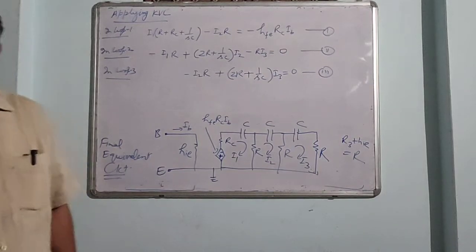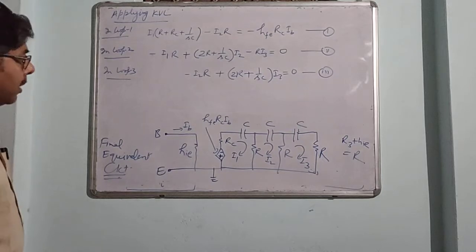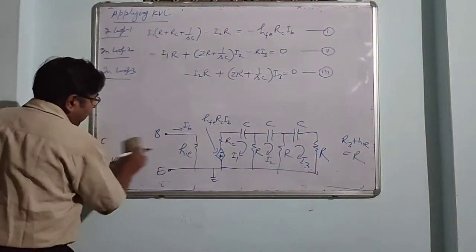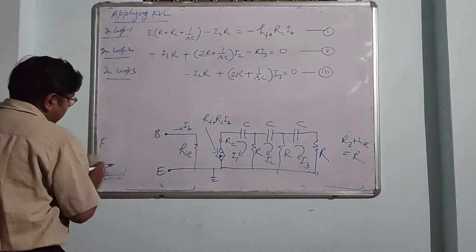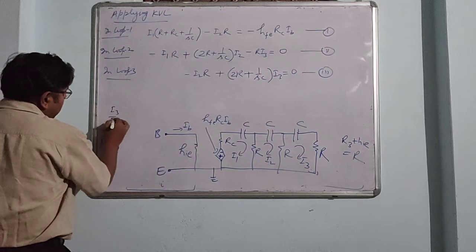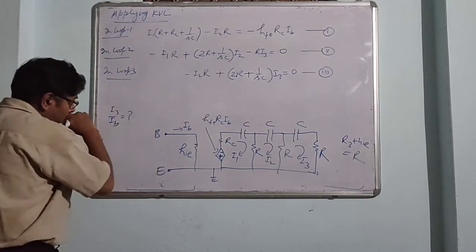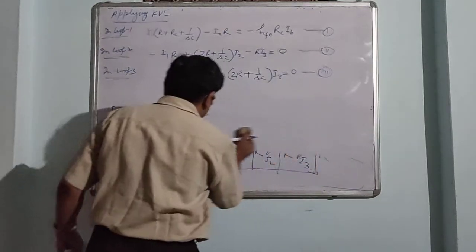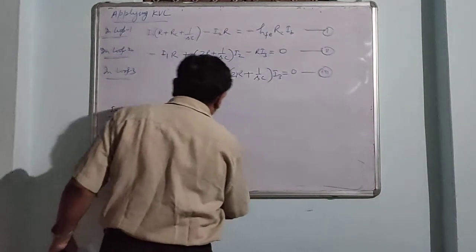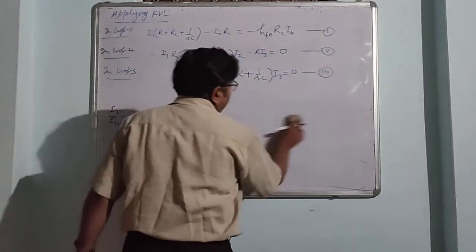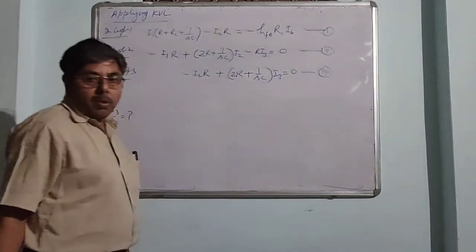Now the basic thing is, we have to find out the loop gain. Finally we have to find out this I3 upon IB. Since this is the loop gain, output upon input. I3 is the final output, IB is the input.